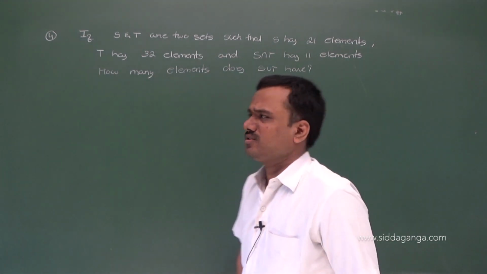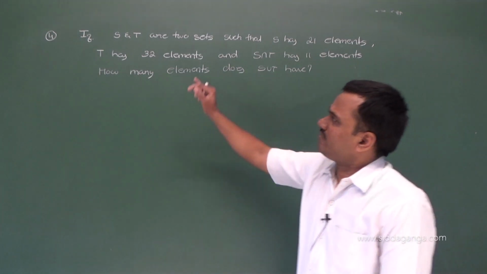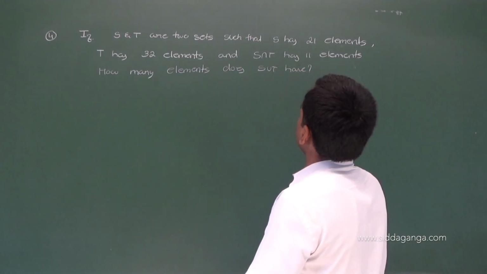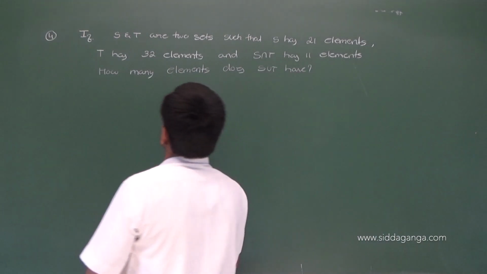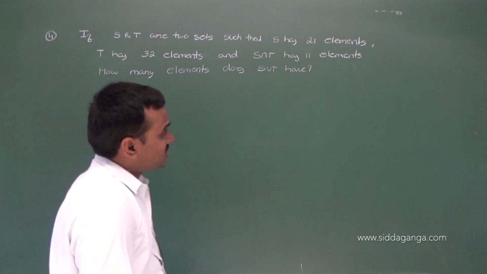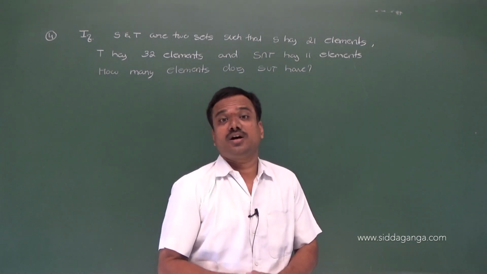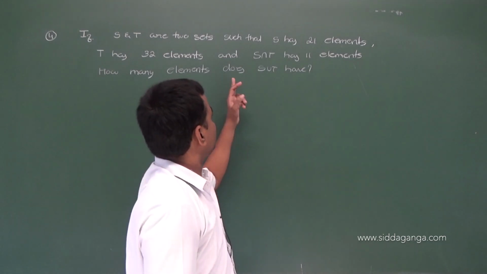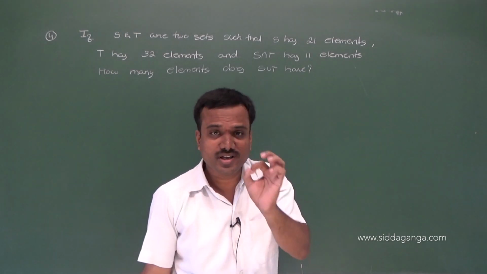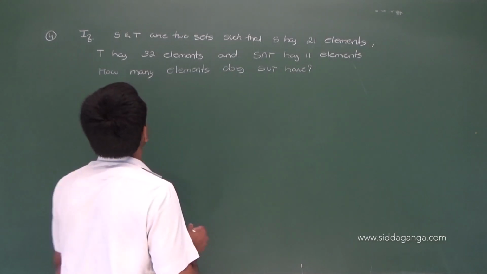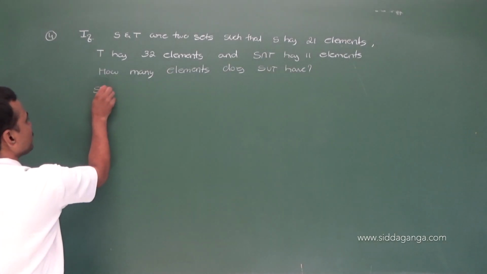See the question. You also solve. If S and T are two sets such that S has 21 elements, T has 32 elements, and S intersection T has 11 elements, he asks how many elements does S union T have? Okay.